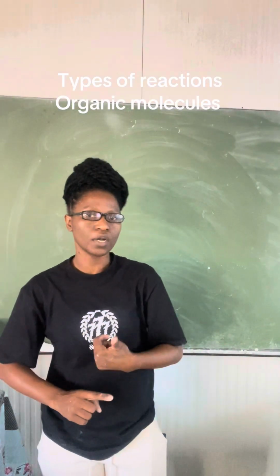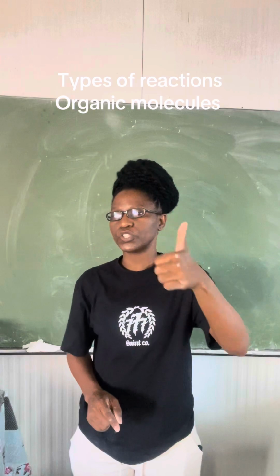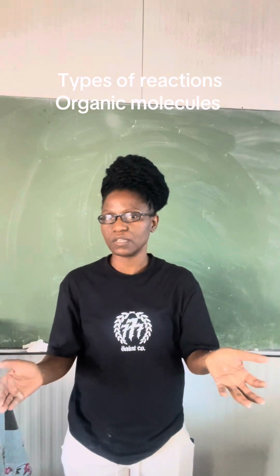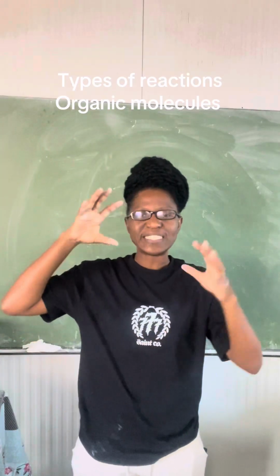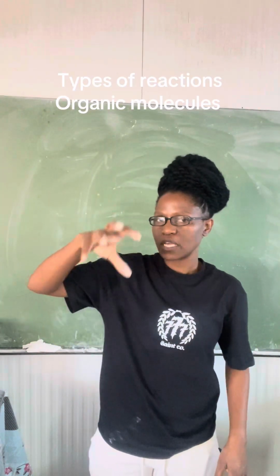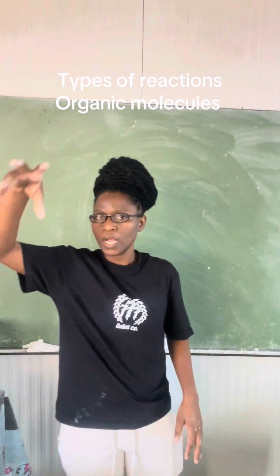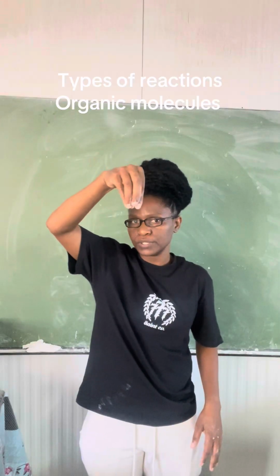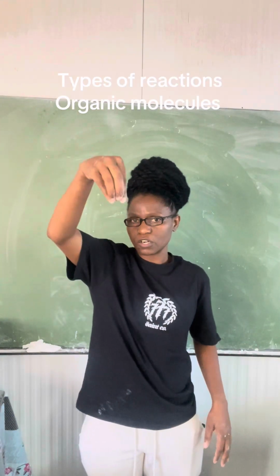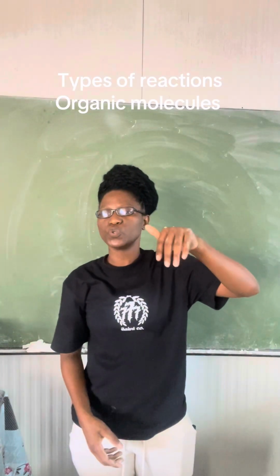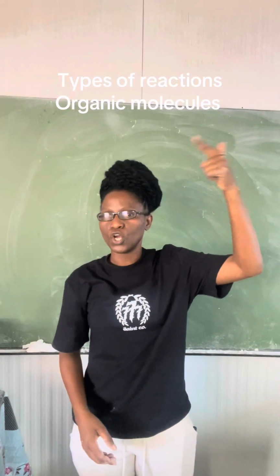The first one is what we call a combustion reaction. I'm just going to give you the summary of it. When dealing with the combustion reaction, as a learner, you need to know that we've got a substance that is burned in the presence of oxygen, so that what is produced is carbon dioxide and water.